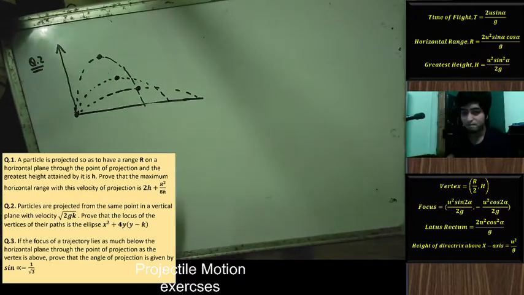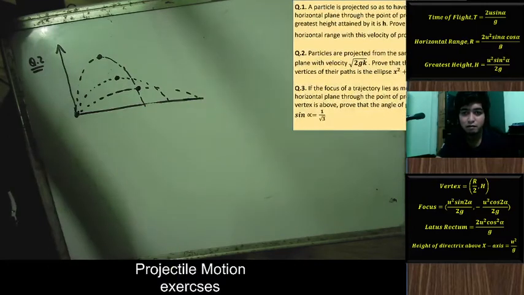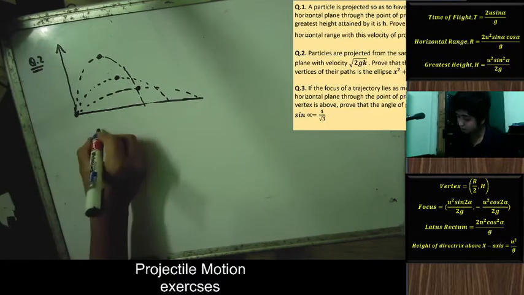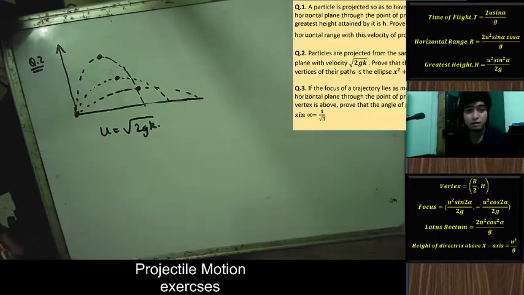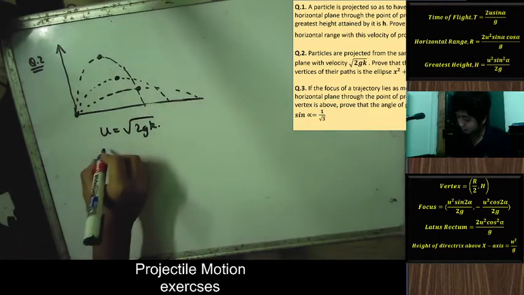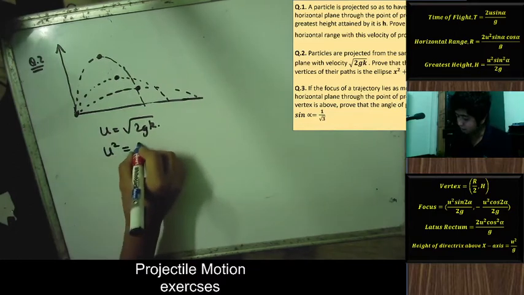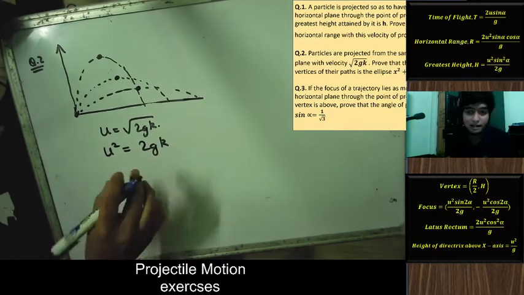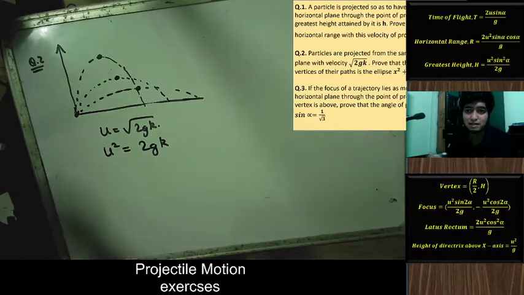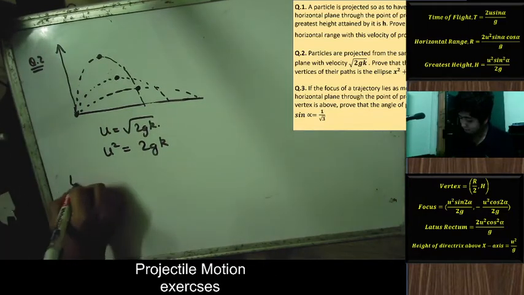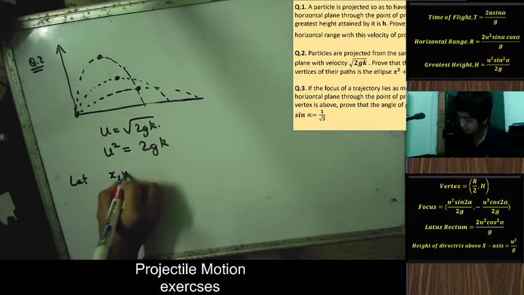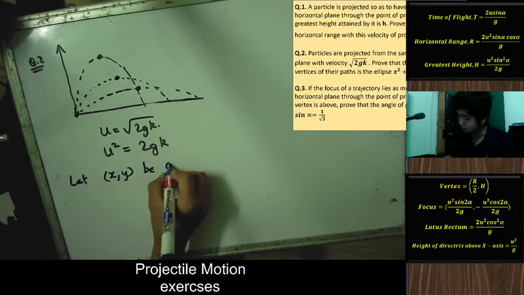So let us see. Again, we have u squared equal to 2gk. Why am I finding this? You will see. Let xy be any point in the locus.